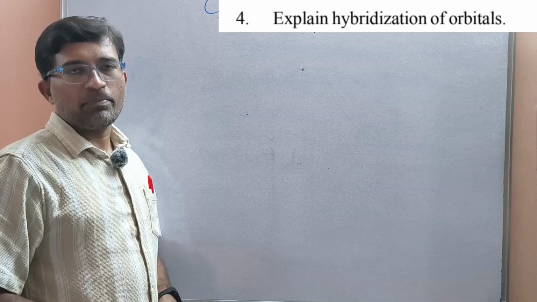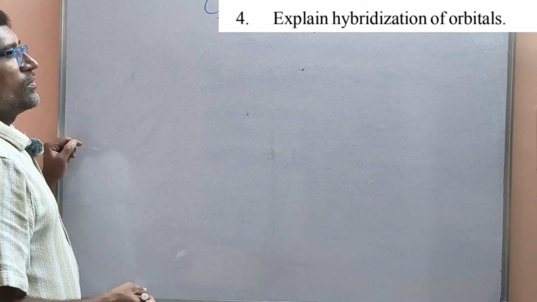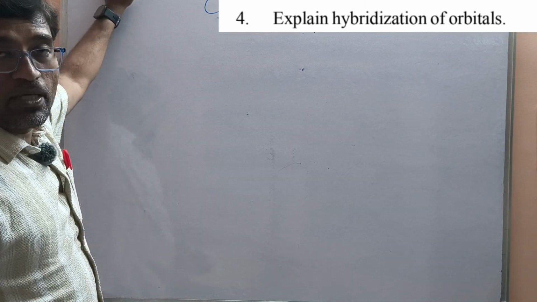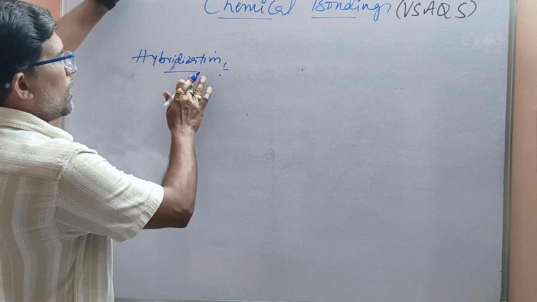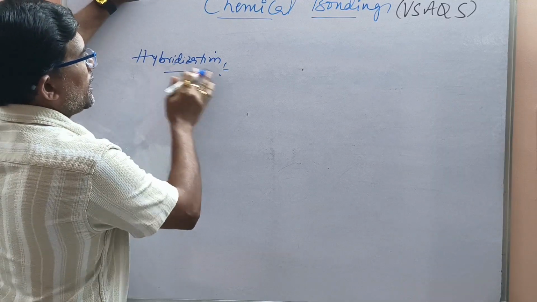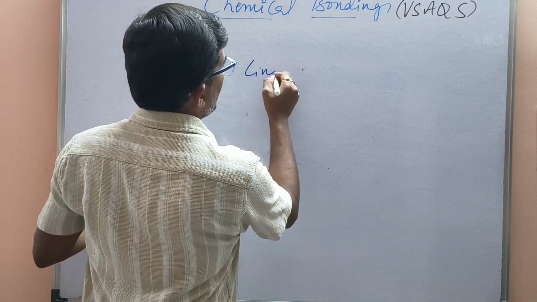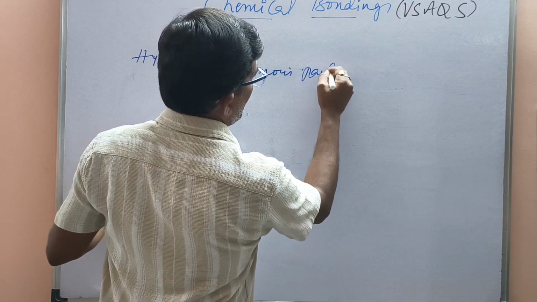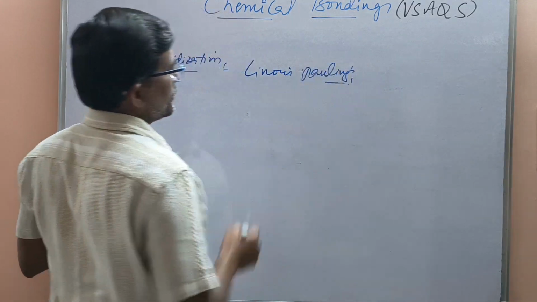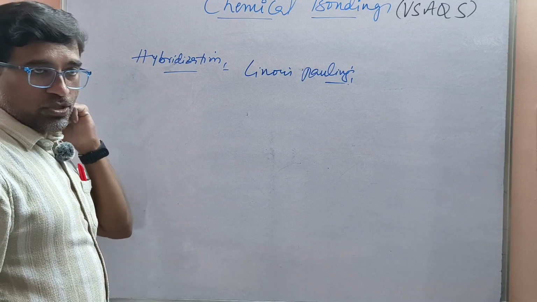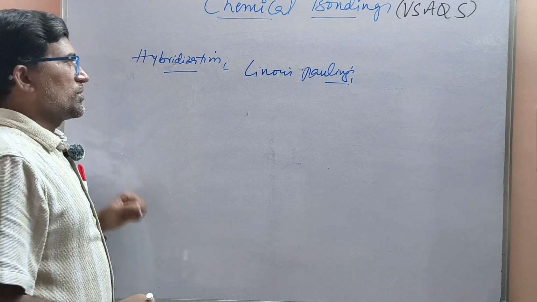Explain hybridization of orbitals. What is hybridization? The concept of hybridization was proposed by Linus Pauling. So what is hybridization? I will explain very clearly about it. Linus Pauling proposed the concept of hybridization.